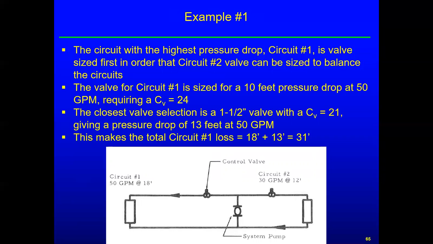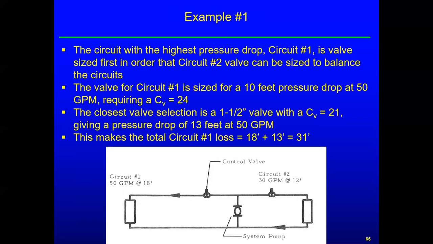Okay, so the second bullet here: the valve for circuit number 1 is sized for a 10-foot pressure drop at 50 GPM, requiring a CV of 24. Now, I want you to get out your calculator. Remember, the equation we're using is Q equals CV times the square root of the pressure drop in PSI divided by specific gravity.